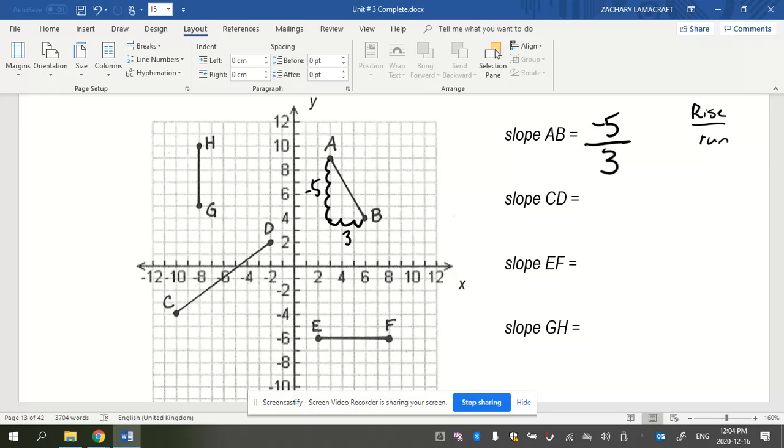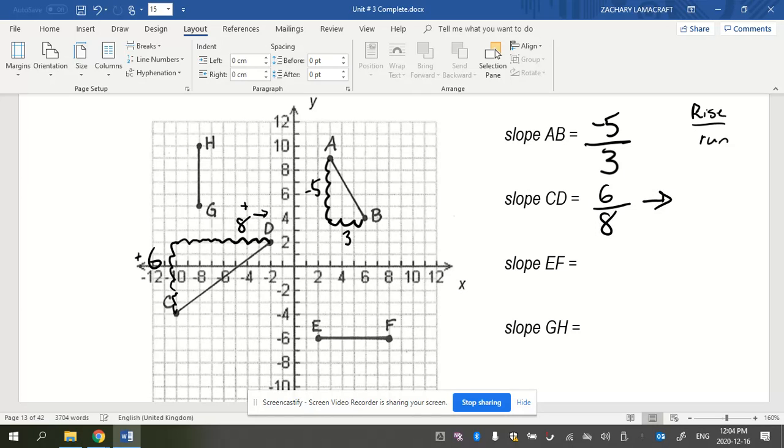If we look at slope C to D, we're moving up 6, so it's positive 6, and across 8 to the right, so it's positive as well.